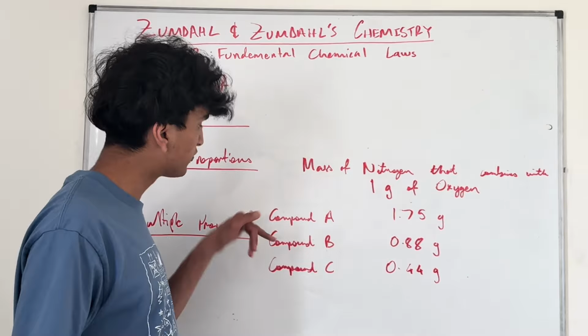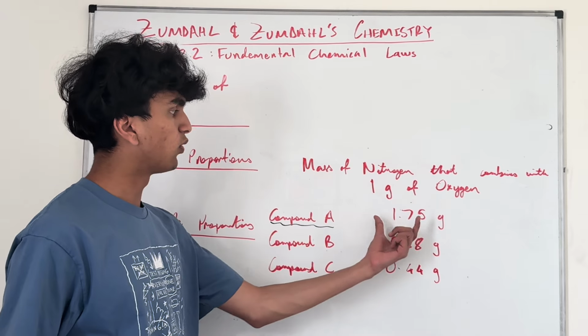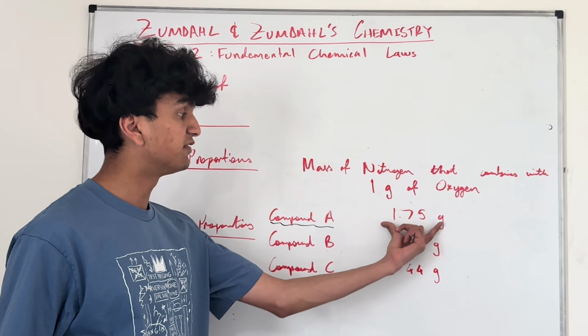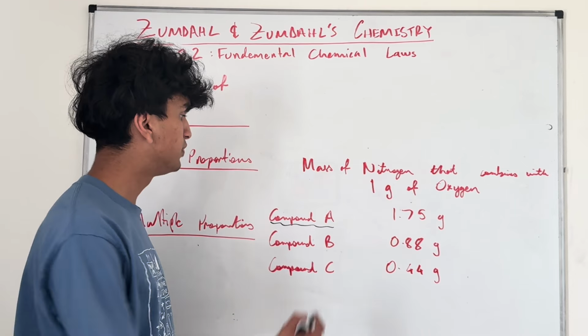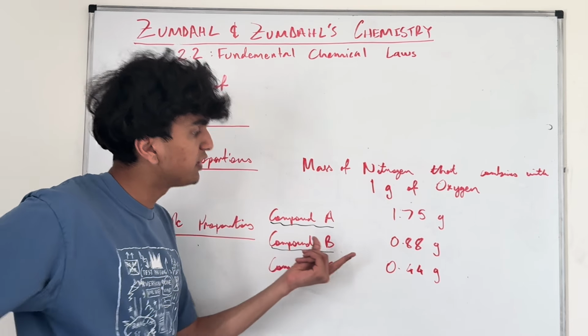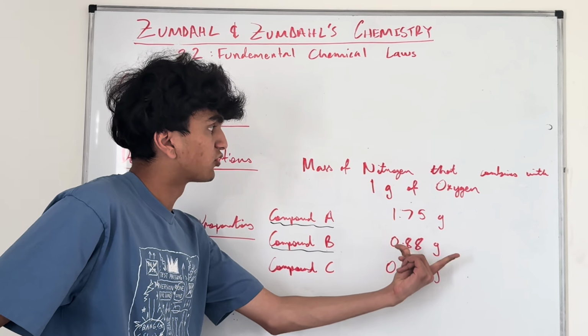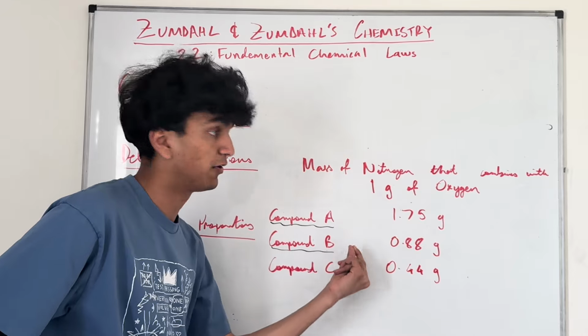So for compound A right here, this is saying 1.75 grams of nitrogen will combine with oxygen to form compound A. Compound B is saying 0.88 grams of nitrogen will combine with oxygen to form compound B, right?